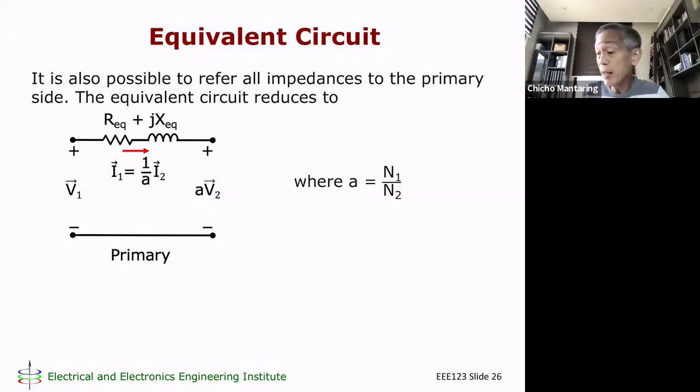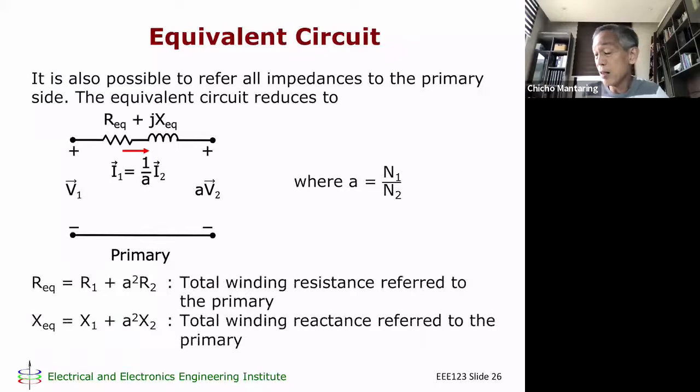And R equivalent and X equivalent now is the total of your primary impedance plus the secondary impedance, the coil 1 impedance plus the referred coil 2 impedance. Okay? So these are your formulas. R equivalent is R1 plus A squared R2, and X equivalent is X1 plus A squared times X2.